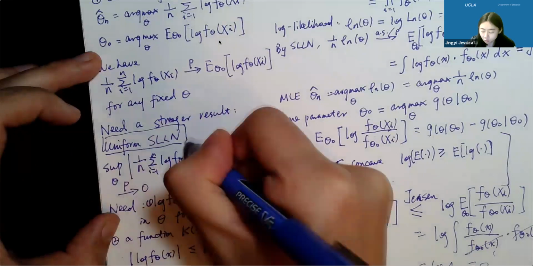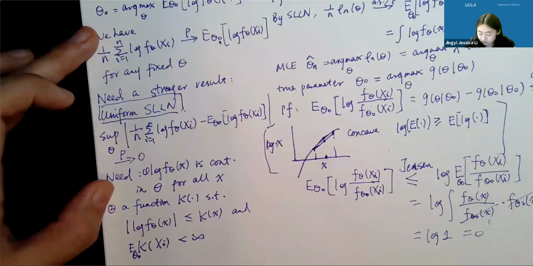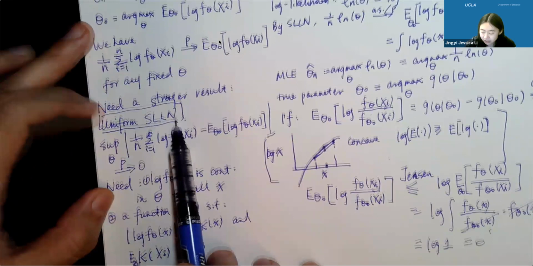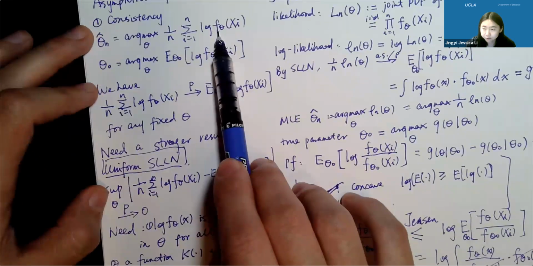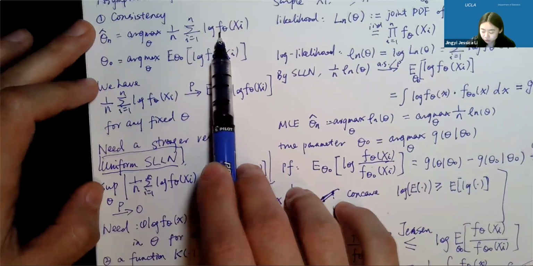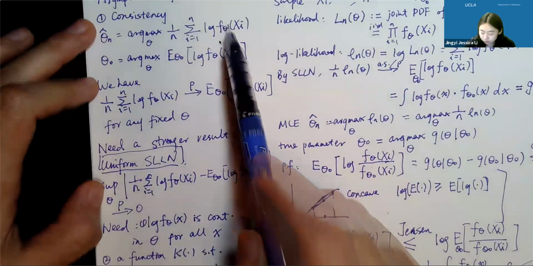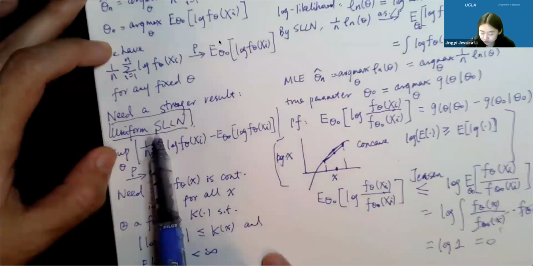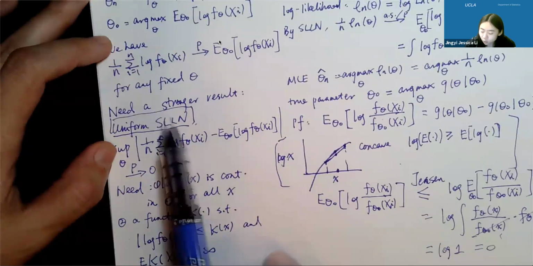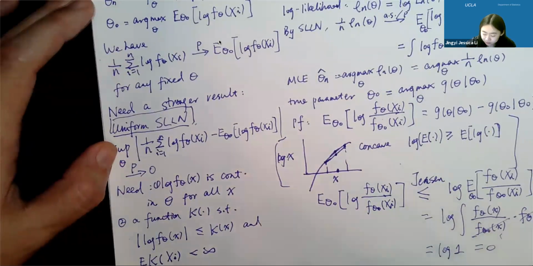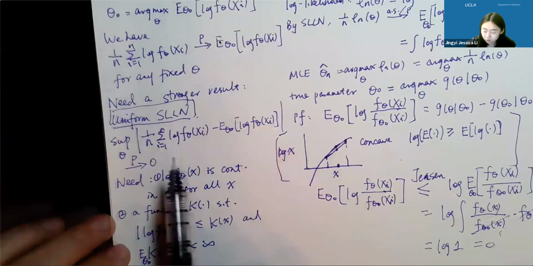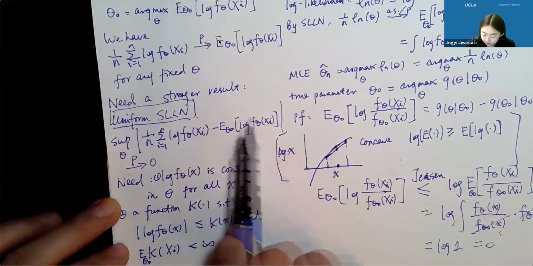With this, we can show that if the density function, the PDF, of the sample satisfies the conditions for the uniform strong law of large numbers, then the maximizer of this will converge to the maximizer of that.